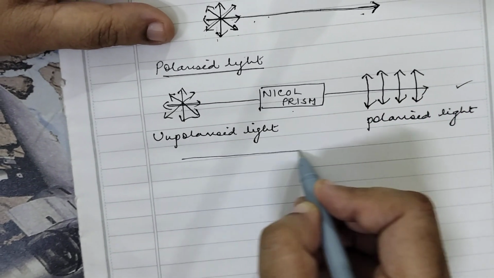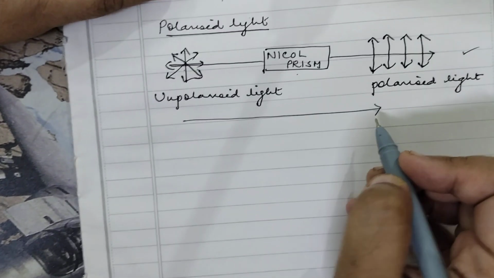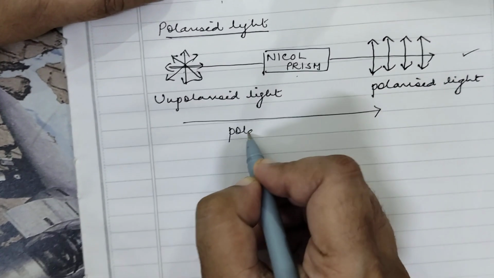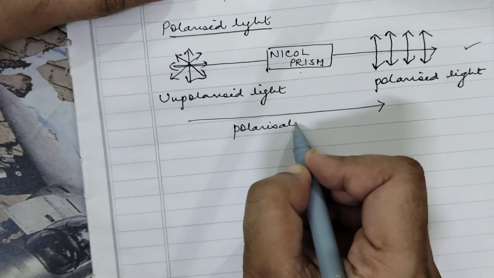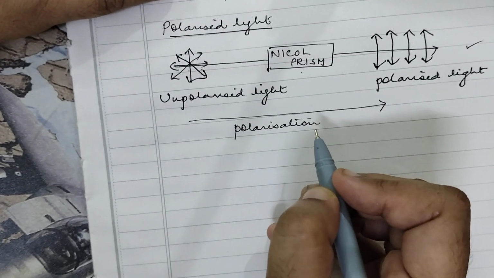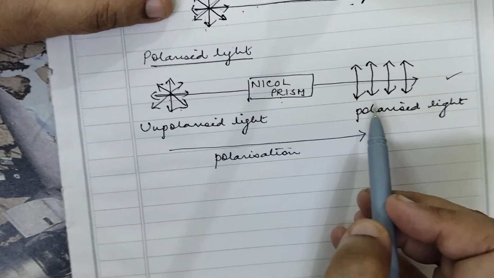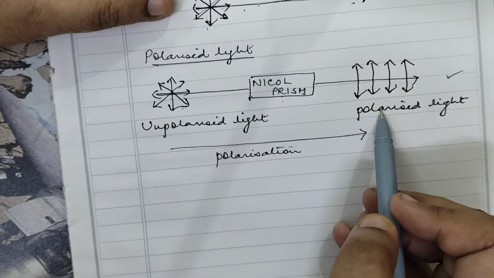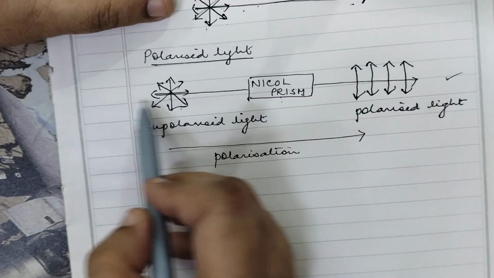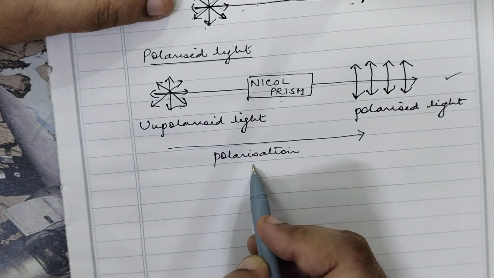And the conversion of unpolarized light to polarized light is called polarization. This process in which we are passing the unpolarized light through Nicol prism and it is getting converted into polarized light. This conversion is called polarization.